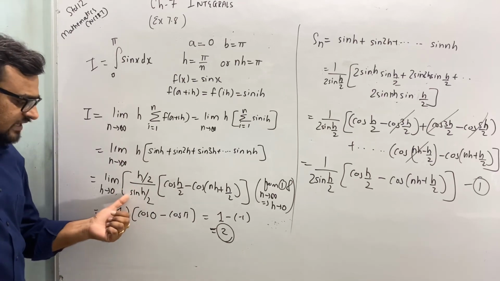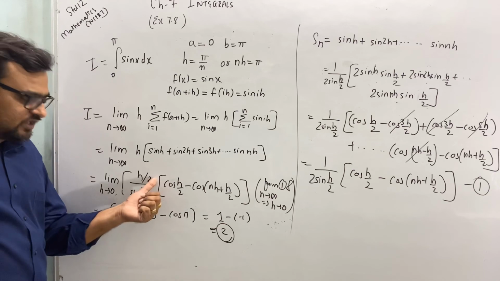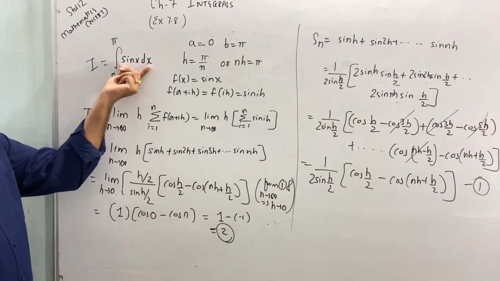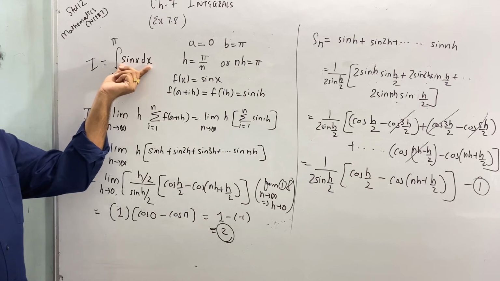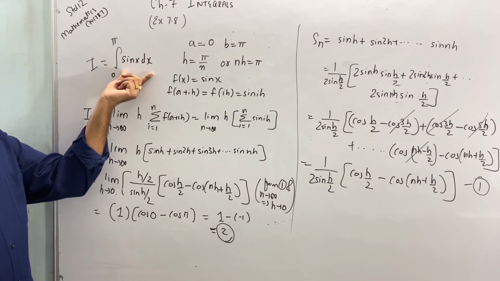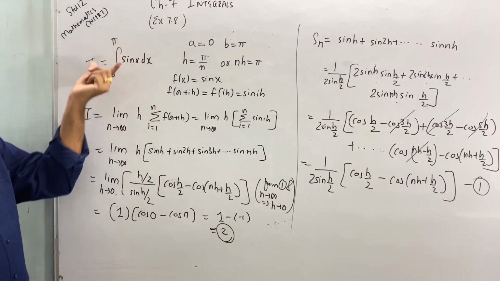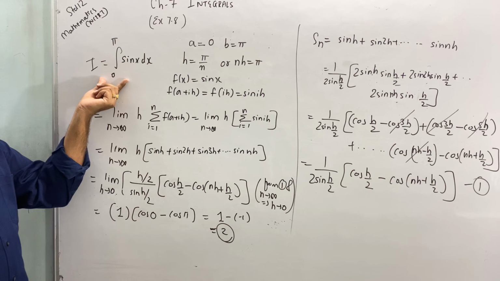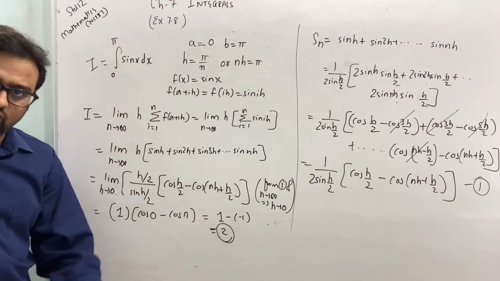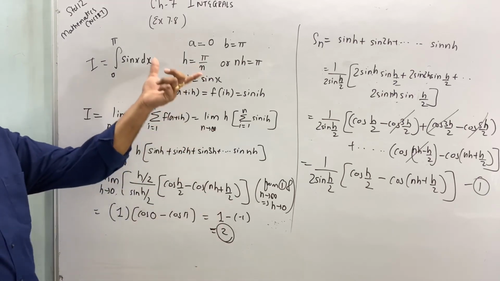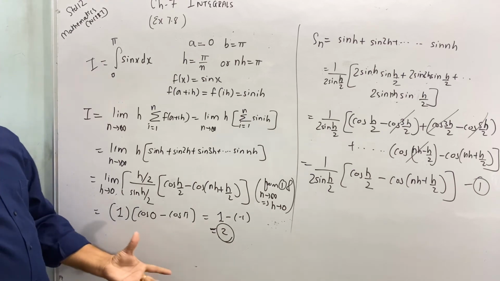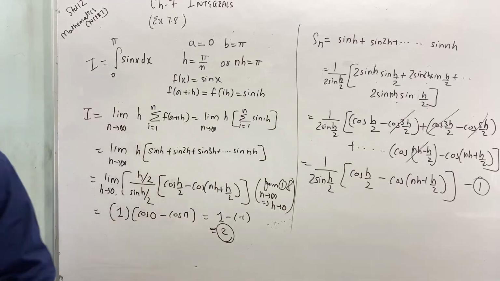Remember here it is 2 sine h by 2, so I have taken this 2 here. Clear? And if you want to verify, you can directly integrate: integration of sin x is minus cos x. So minus cos pi minus cos 0, that is minus of minus 1 plus 1, which equals 2. Clear? But if it is a limit of a sum, you have to solve it by this method. Clear? So just go through this question.